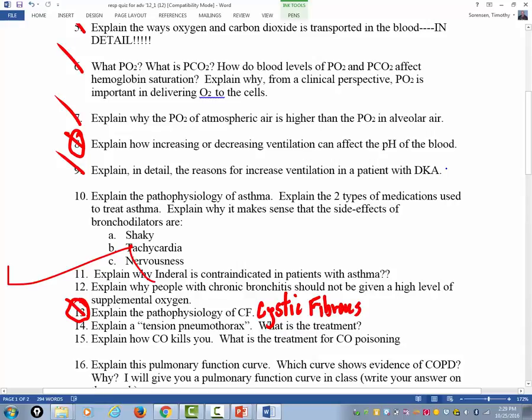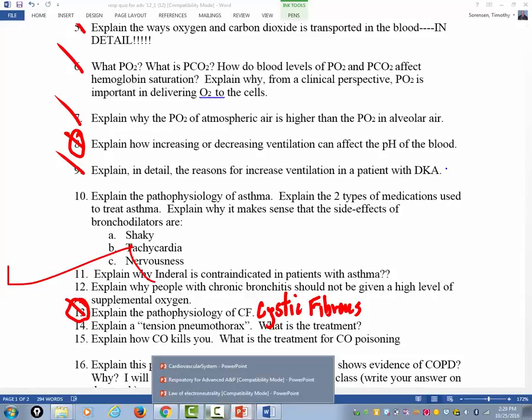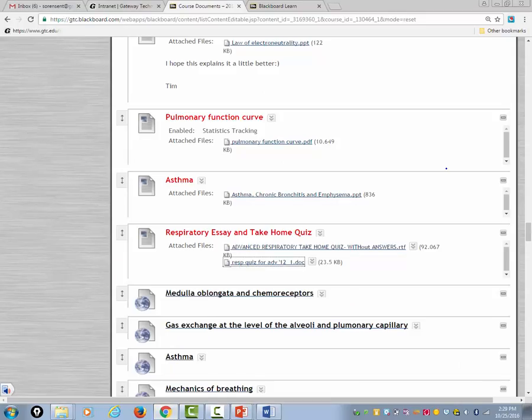Cystic fibrosis was first identified in patients based on the fact that they would have scar tissue in their pancreas. So it's not cysts found in the lungs, it's actually cysts on their pancreas.